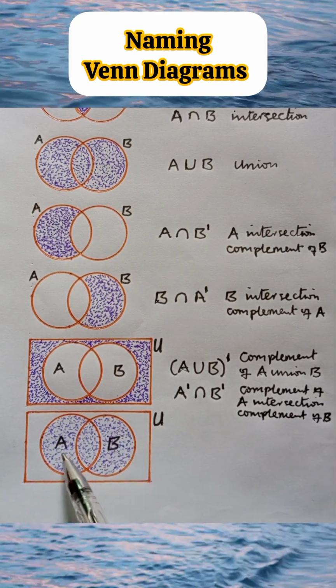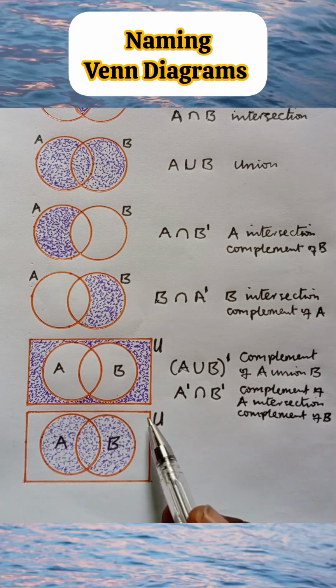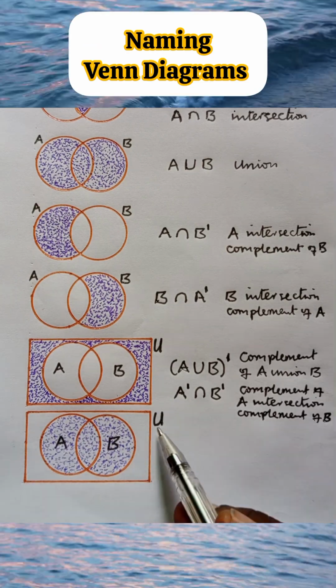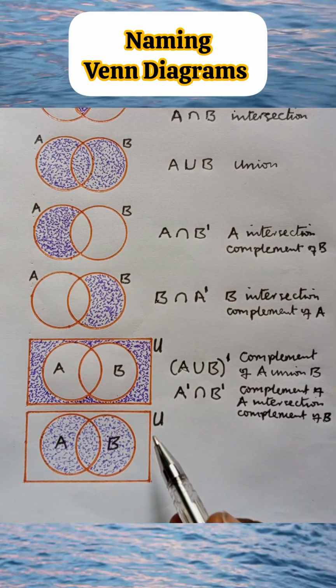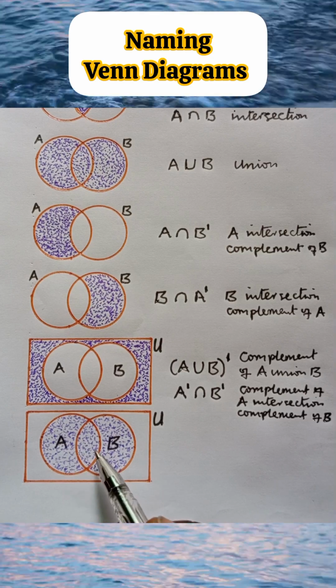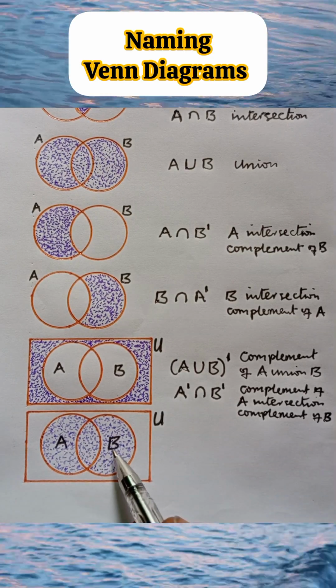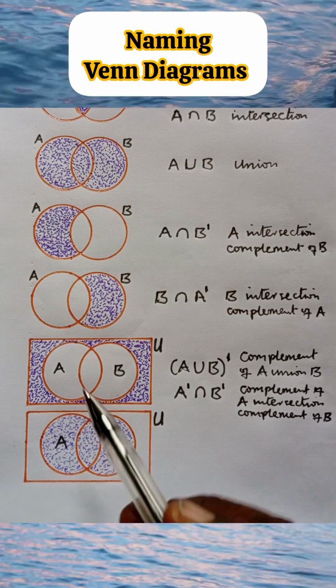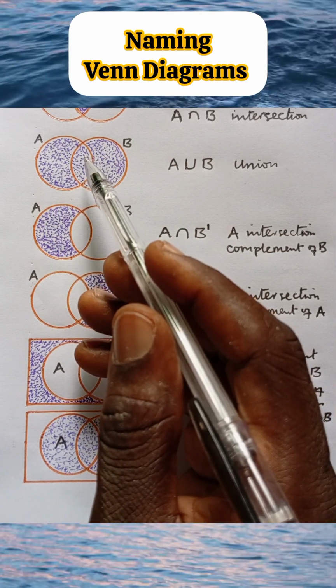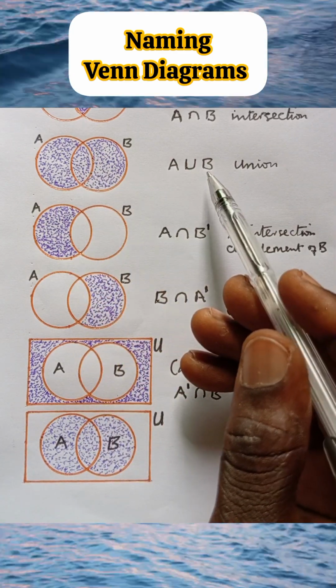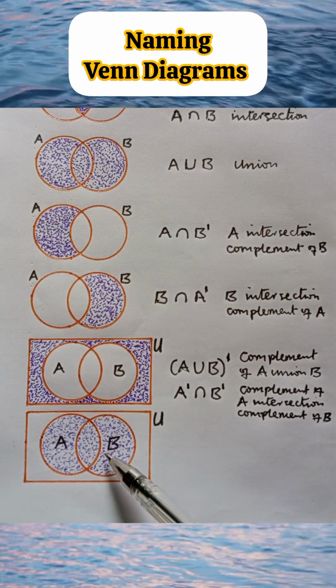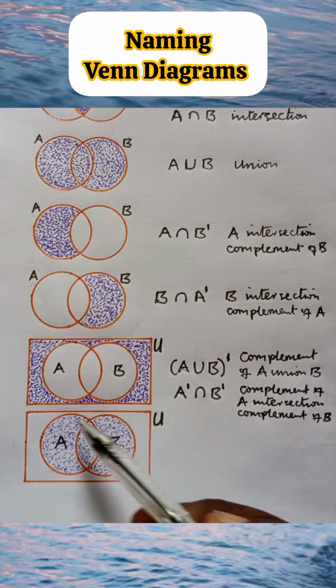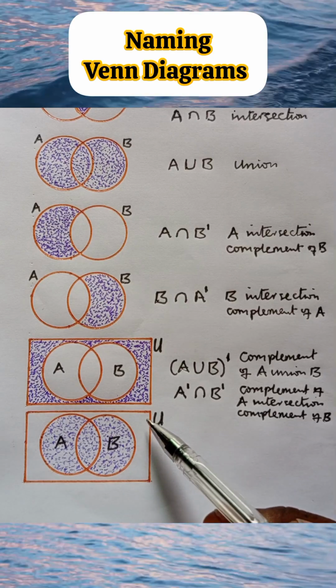Once again, we have these two sets enclosed in a rectangle known as the universal set U. Now, this shaded portion is known as A union B. This shaded portion, unlike what we have here earlier that we simply referred to as A union B, in this case the two shaded portions are enclosed in a universal set. What does it mean?